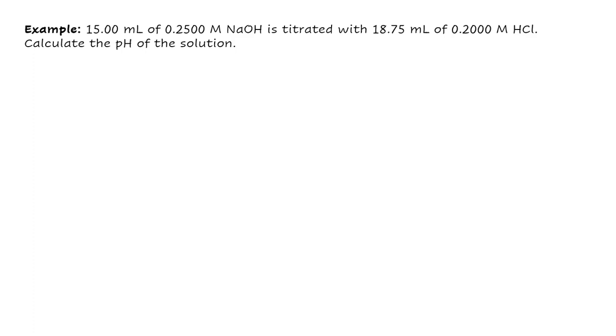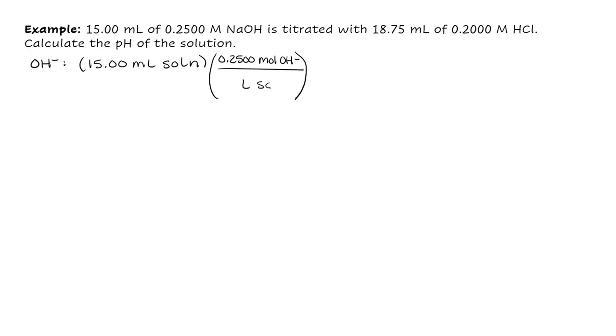We'll start by calculating the millimoles of our hydroxide. We have 15 milliliters of solution times the molarity of the sodium hydroxide, which is 0.2500 moles of OH- over liters of solution.